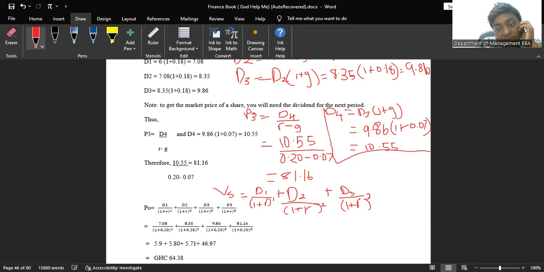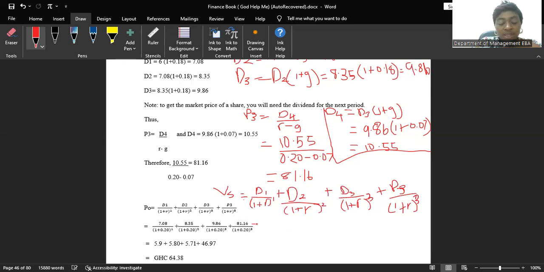Then we are going to discount the price, raised to the power 3.